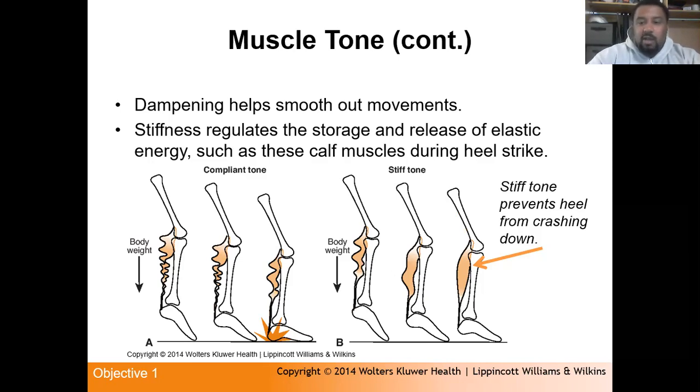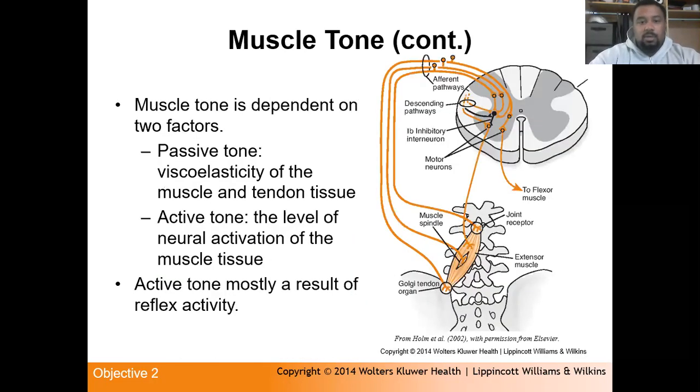It's always going to hit the ground very hard. Vice versa, with a stiff muscle tone in your calf, your heel strike might not even connect with the ground at all. Same thing, just passive and active muscle tone.